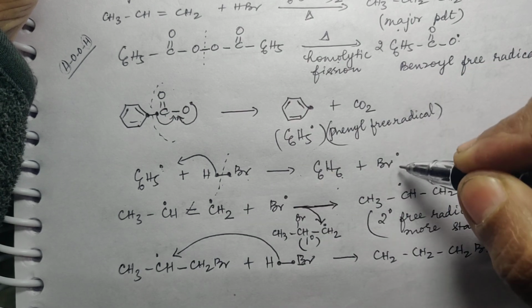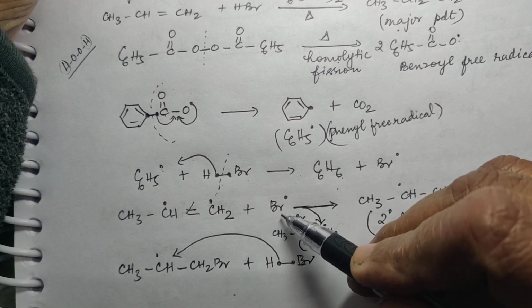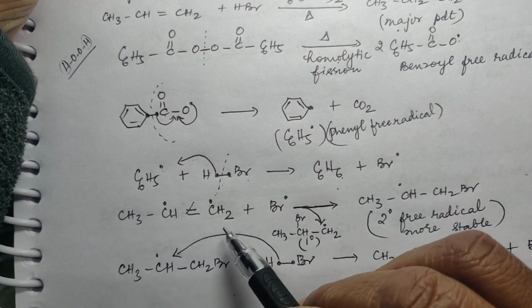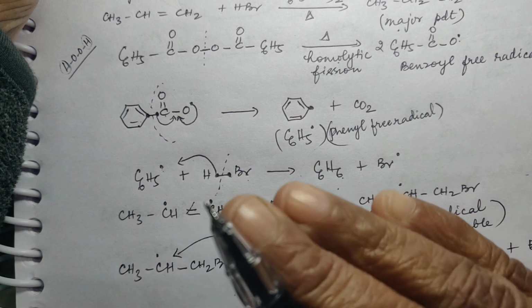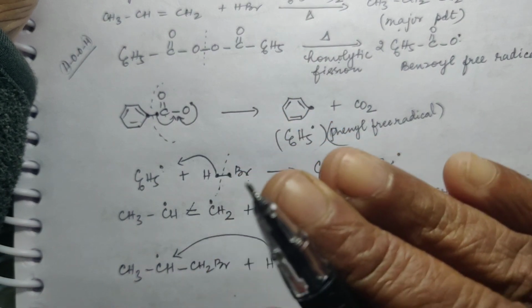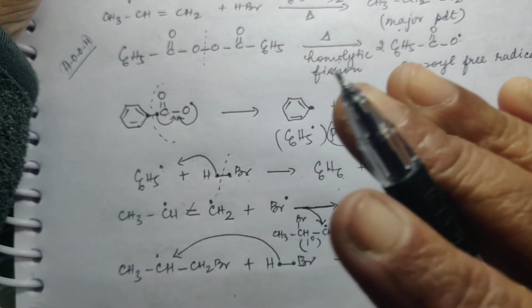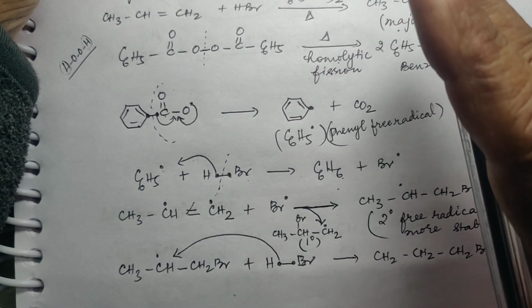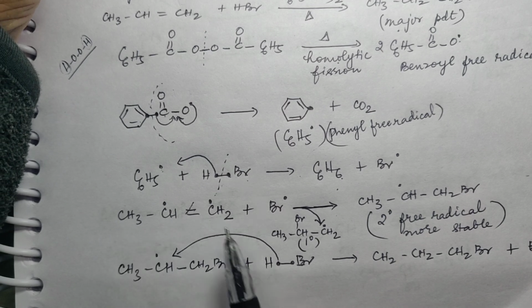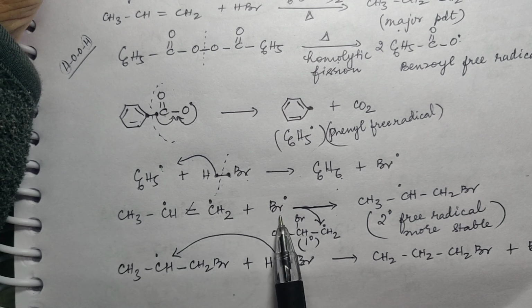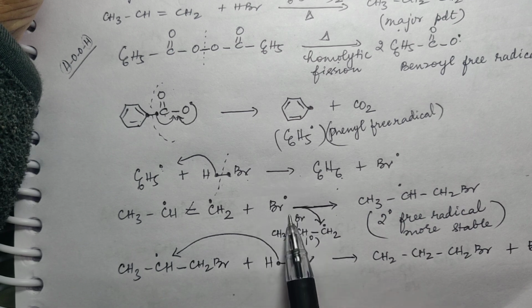Now this bromine free radical will react with the propene molecule. You are showing an unsymmetrical alkene in the presence of HBr and benzoyl peroxide, and how the reaction takes place. So now this propene will have to face the free radical, that is Br dot.